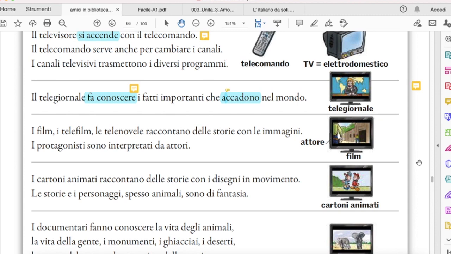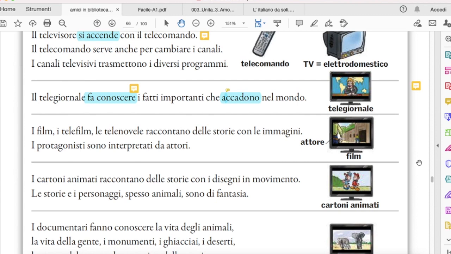Disegni in movimento being animated cartoons. And that's, i cartoni animati. It's the same thing, right? So disegni, it's drawings in movimento, moving, so kind of like animated drawings. Le storie e i personaggi spesso animali sono di fantasia. They're fictional characters and fictional stories.